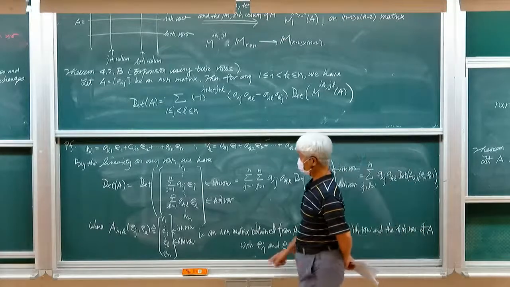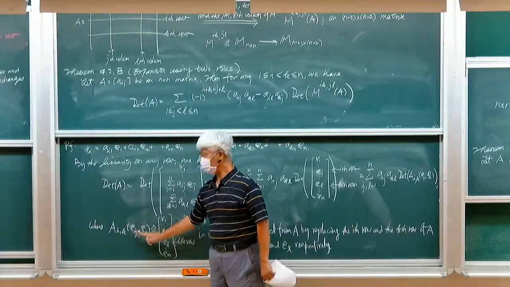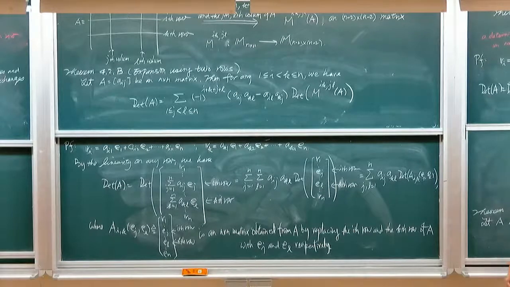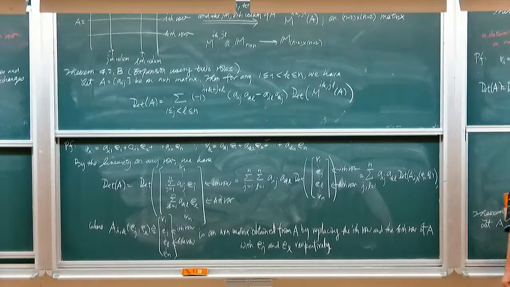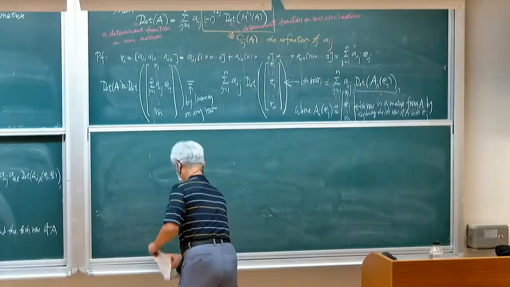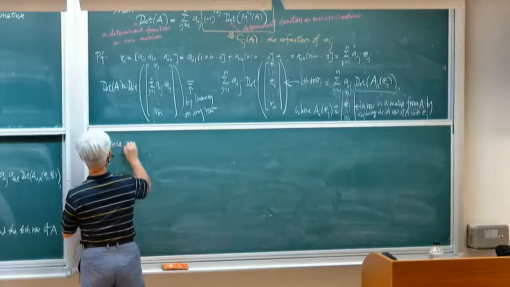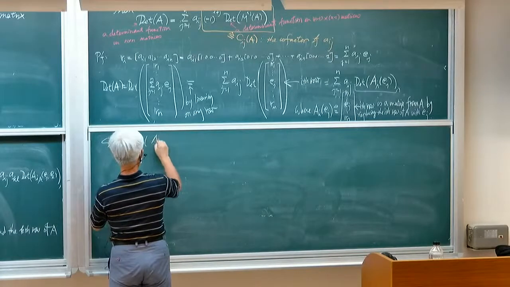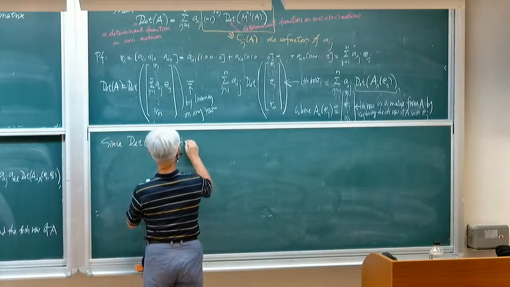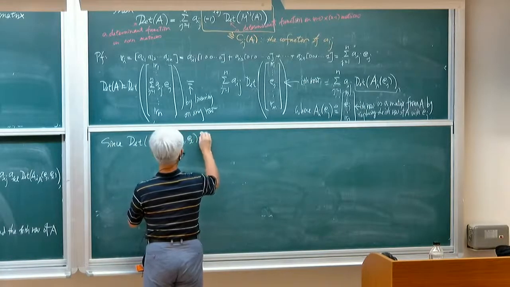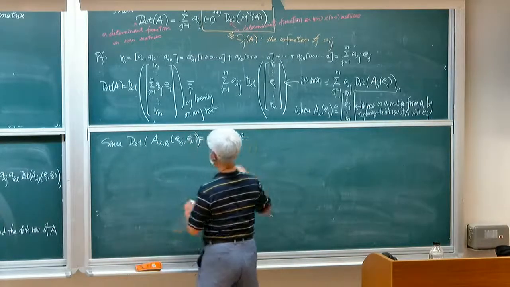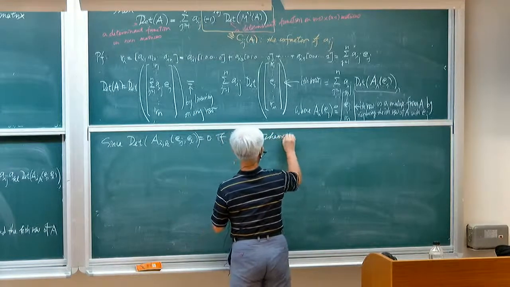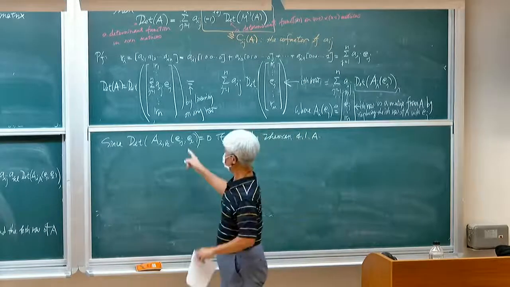Now, if we replace the i-th row and k-th row by the same standard unit vector, the determinant of A_ik(e_j, e_l) is 0 if j equals l, by the theorem on equal rows, 4.1.8.